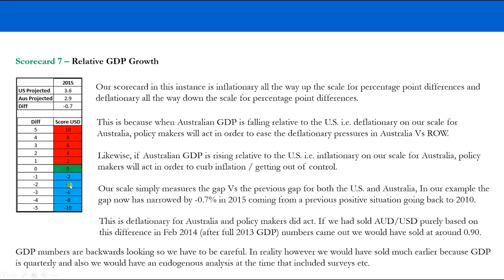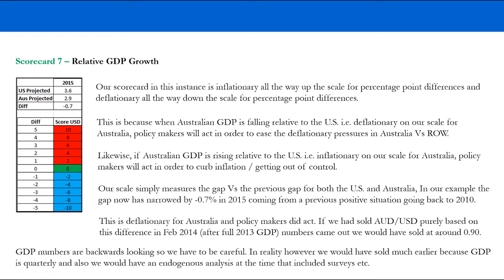So here the scorecard is pretty straightforward. Inflationary all the way up the positive side of the scale, because the gap between Australian projected GDP and US projected GDP is widening in favour of Australia, and the opposite is occurring, deflationary all the way down the scale here, because Australian GDP relative to US GDP, the gap is narrowing in favour of the United States.